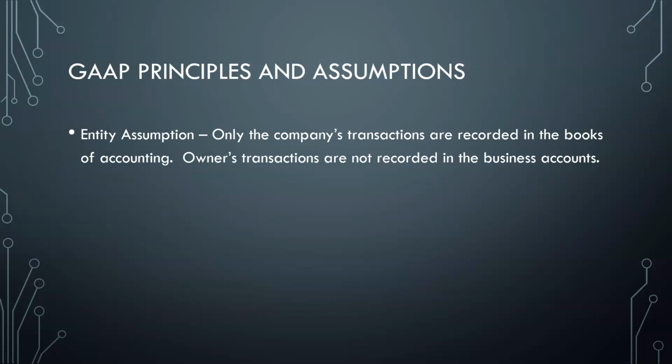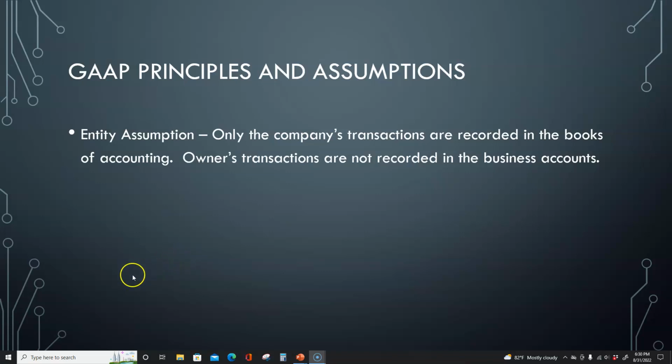There are millions and millions of owners of a company, but you can have a small company with one owner, and that one owner will run the company, but when you're looking at the financial statements of a company, the owner's transactions are not recorded in the business accounts. They have to be kept separate from the business. So the entity assumption says the company is the entity, and when you look at financial statements, only the company's transactions are recorded in the books of accounting. Sometimes the entity assumption is also called the business entity assumption.